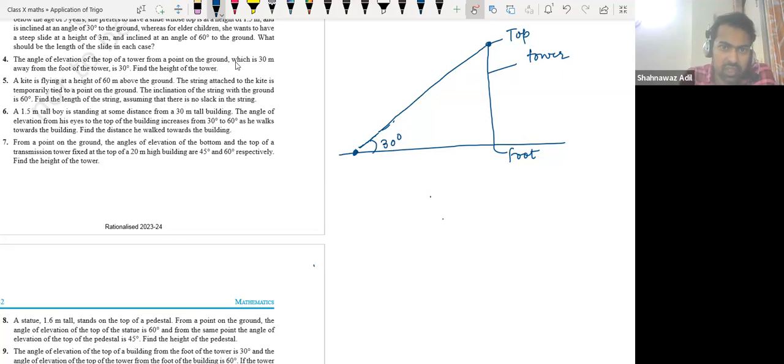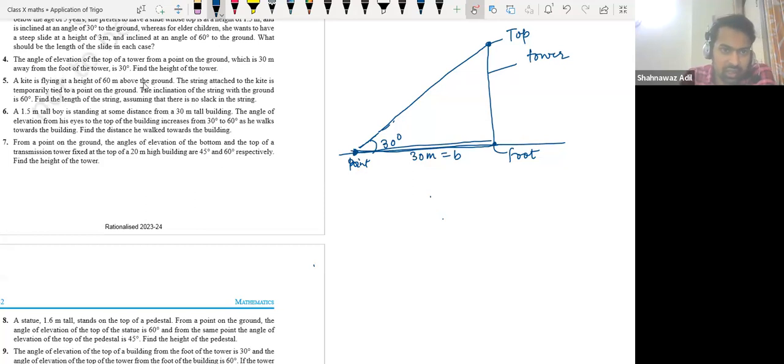The angle of elevation of the tower is from a point on the ground which is 30 meters away from the foot of the tower. So this length is given. So base is given, right?